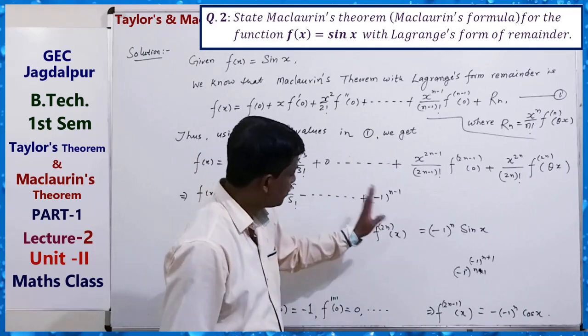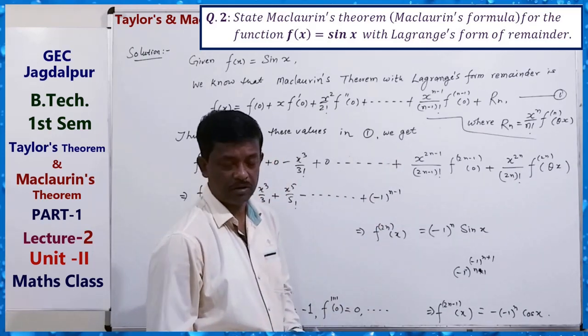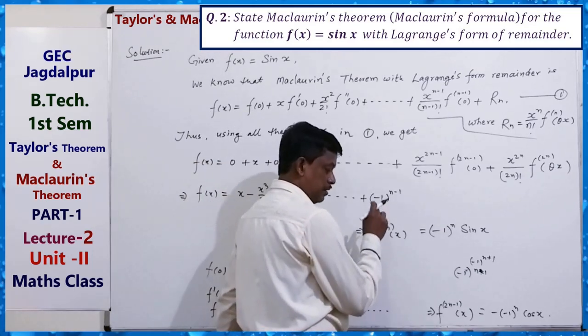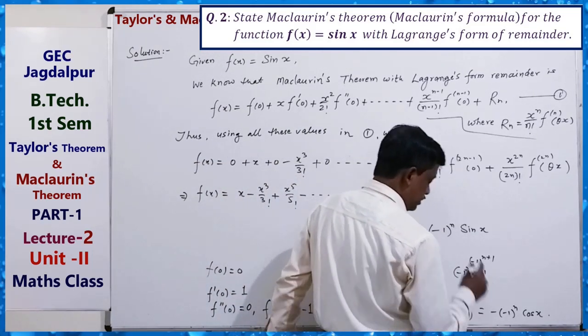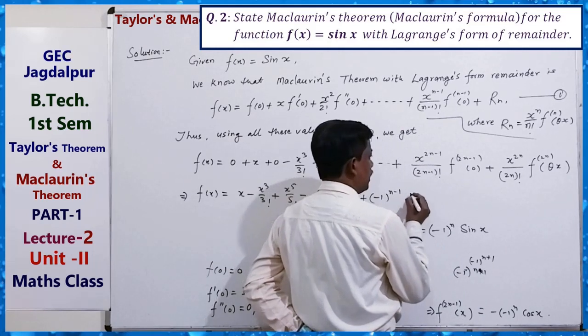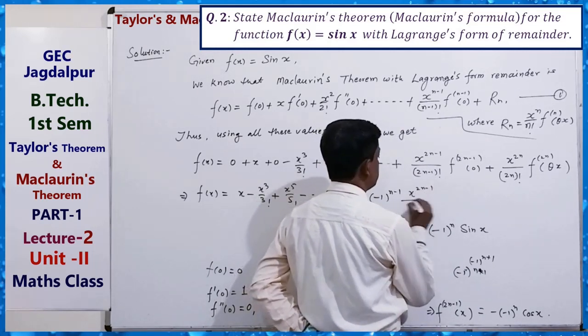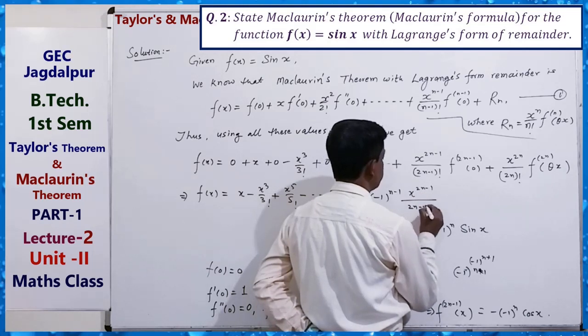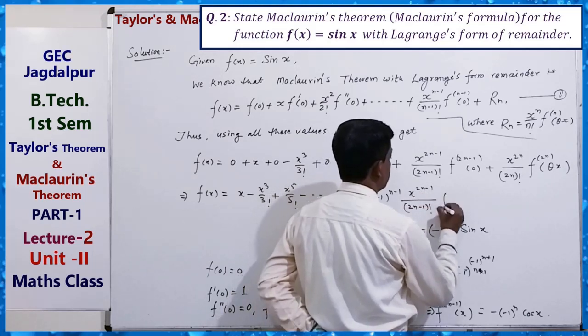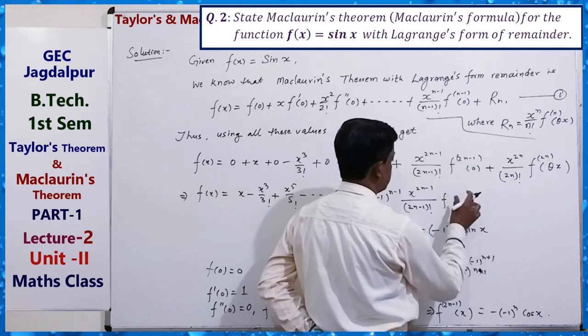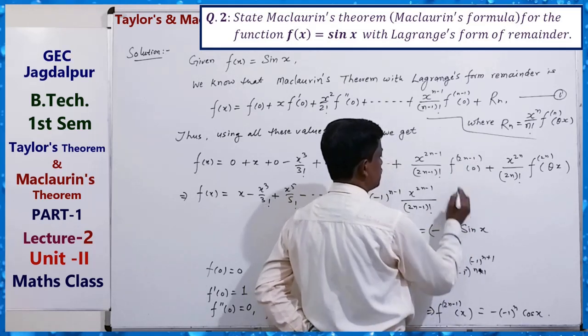But we use n minus 1. Then x to the power 2n minus 1 upon 2n minus 1 factorial, this value is completed.